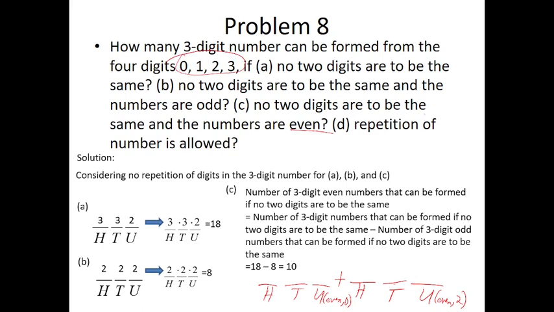So, 0 at the right part, no? Therefore, if this is only 0, that's only one option. If this is 2 only, that is only one option.